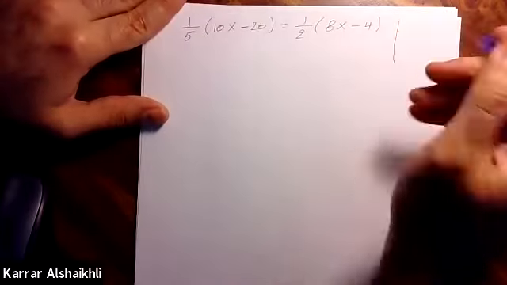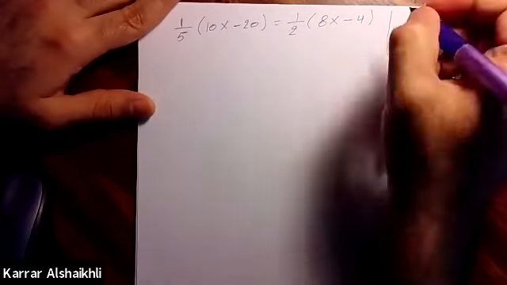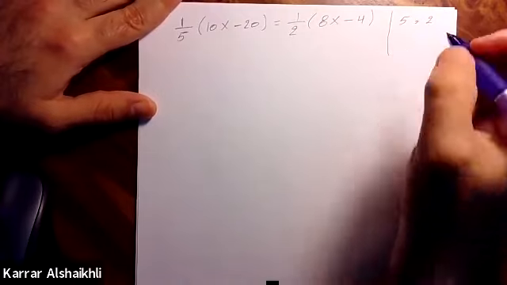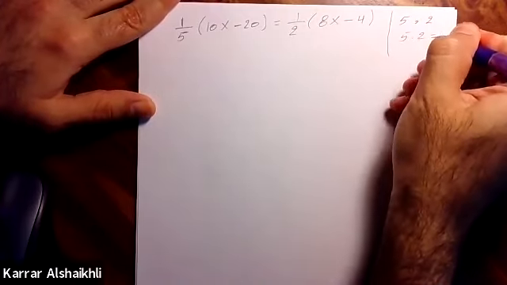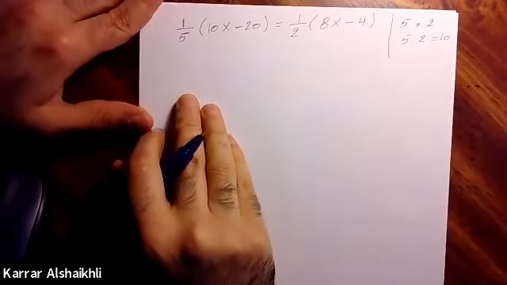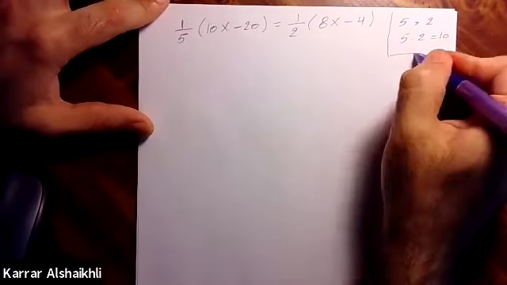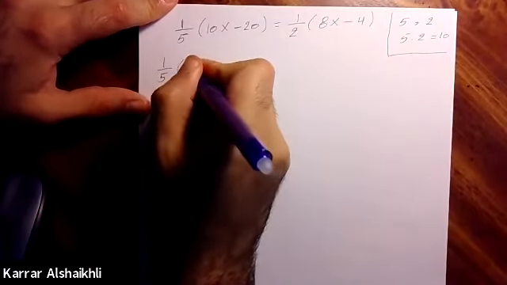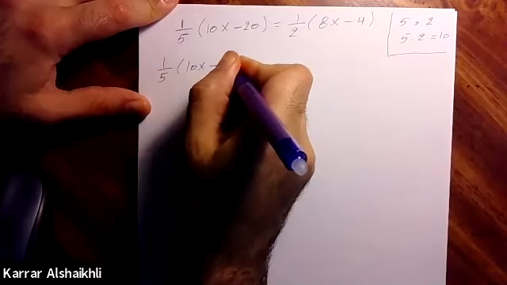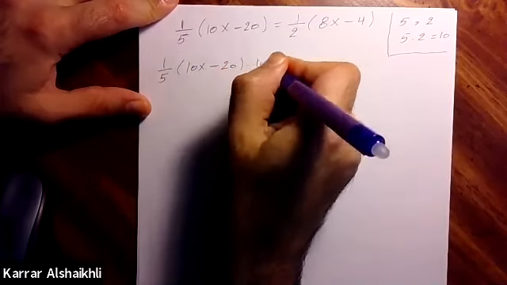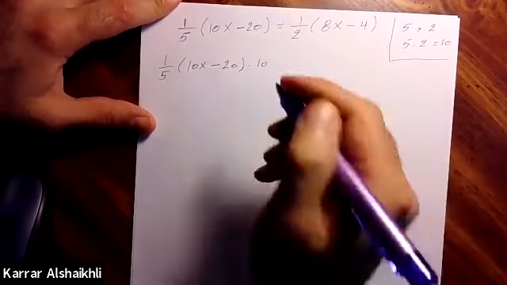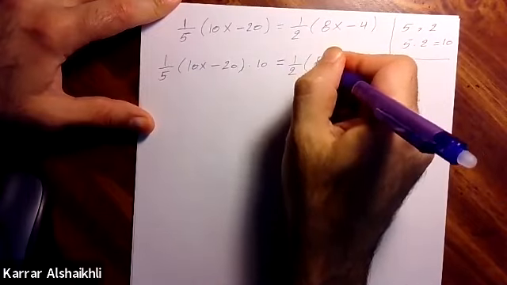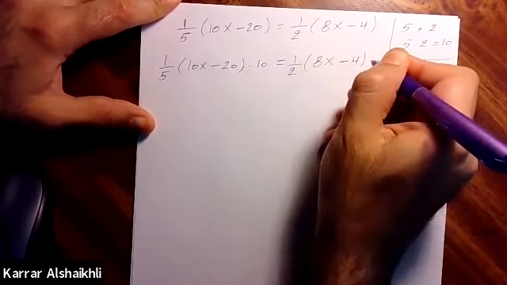If you check the denominators here, we have 5 and 2. There is no common between 5 and 2. So I'm going to say 5 times 2 is going to be 10. That means I'm going to multiply everything by 10. So it's going to be 1 over 5 (10x minus 20) times 10 equal 1 over 2 (8x minus 4) times 10.